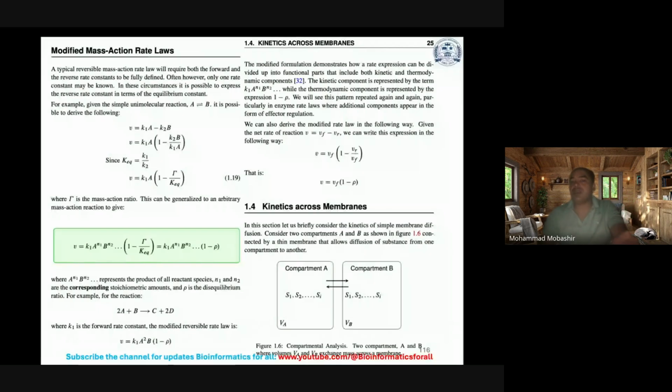Now, what are the kinetics across the membranes? For example, from one cell to another cell, compartment A to compartment B, there is always frequent movement of molecules from one cell to another or from the cell surface to the cell inside, the cytoplasm or nucleus. Then how are you going to define these kinetics?